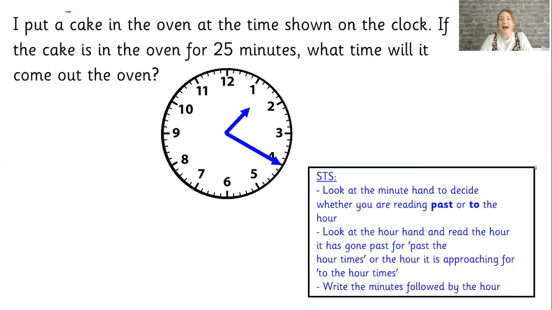If your minute hand, which is the long hand, remember, is before the 6, which is half past, it will be past. And if it's after the 6, it will be to. Then look at the hour hand and read the hour. It has gone past for past the hour times, or the hour it is approaching for to the hour times. Write the minutes followed by the hour.